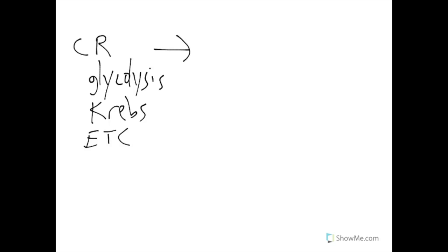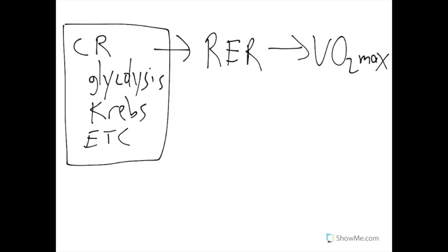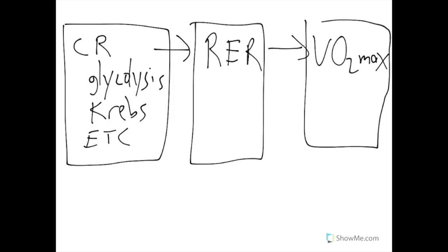And see how that translates into physiology in this equation called the respiratory exchange ratio, and then see how that translates into what's called VO2 max. So in a nutshell, we're going to go from cell biology to human physiology and see how that translates into performance, VO2 max.